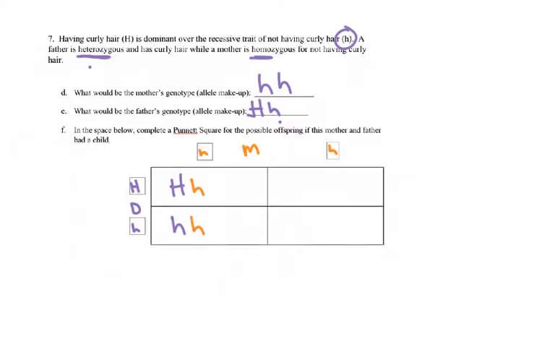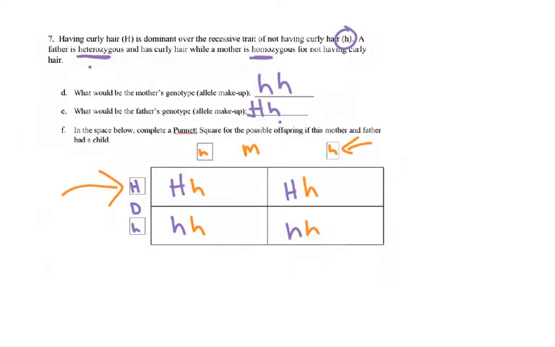You do not have to use different colors. I'm just doing that to help you see it. You see how each box gets one allele from mom and one allele from dad. So that would be the possible offspring.